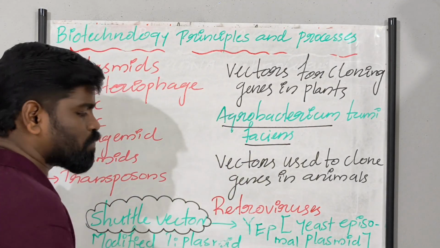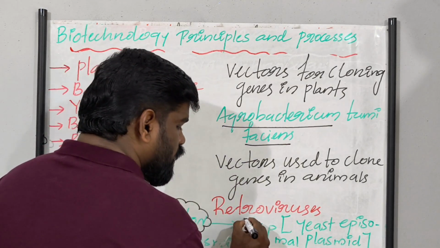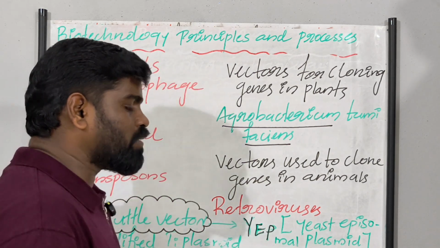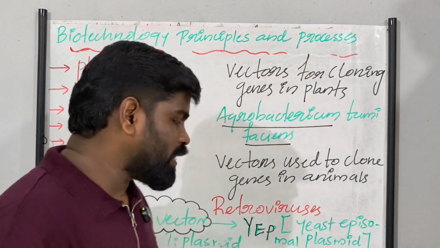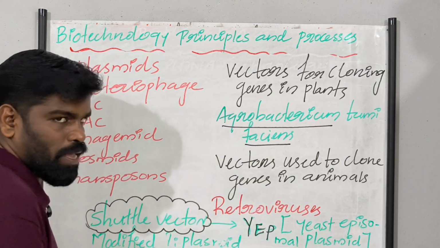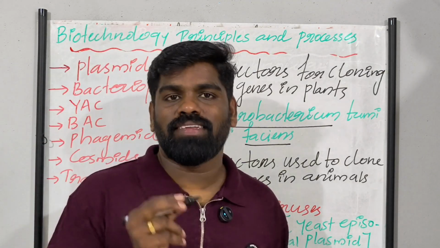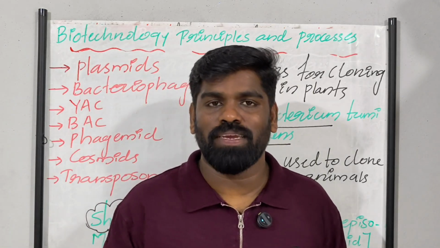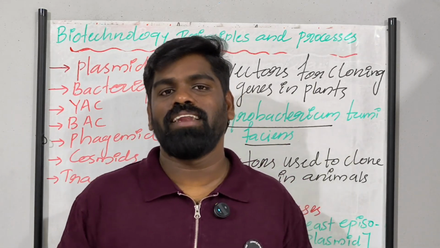The examples of shuttle vectors are YEp, that is yeast episomal plasmid, and the modified Ti plasmid. So yeast episomal plasmid and modified Ti plasmid act as shuttle vectors.